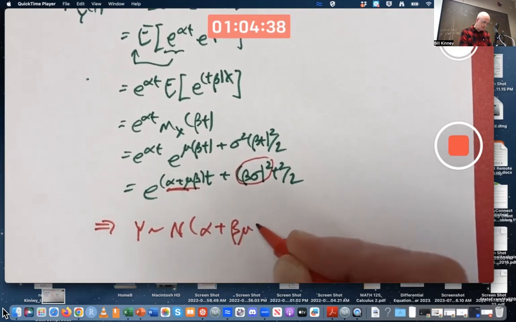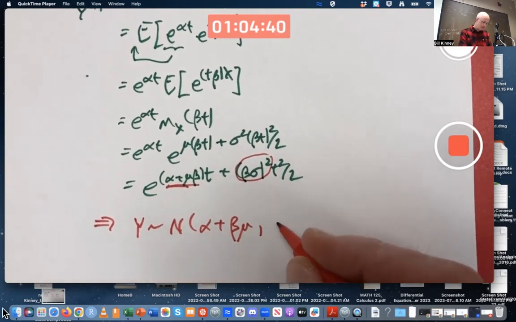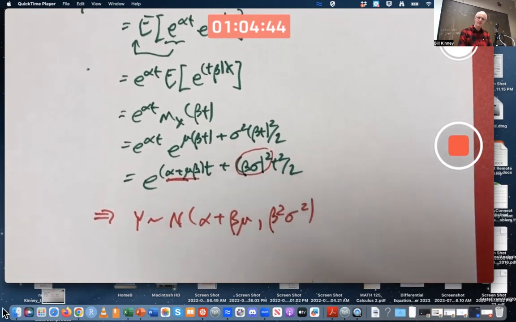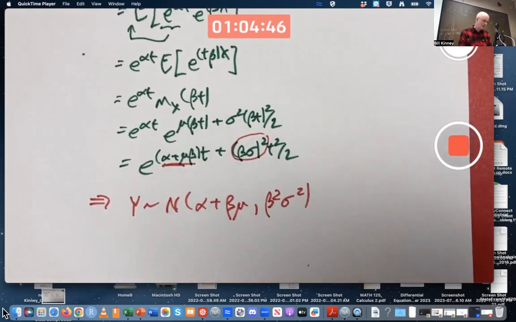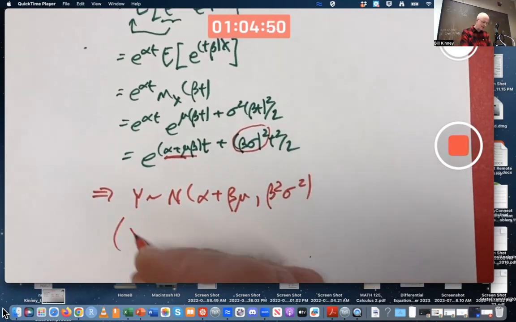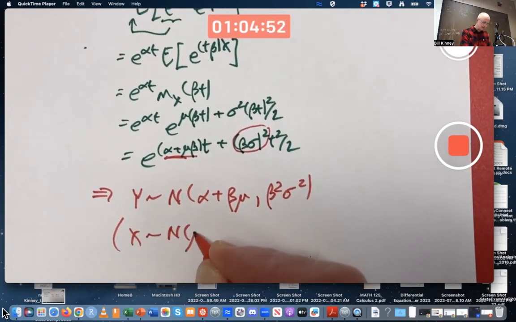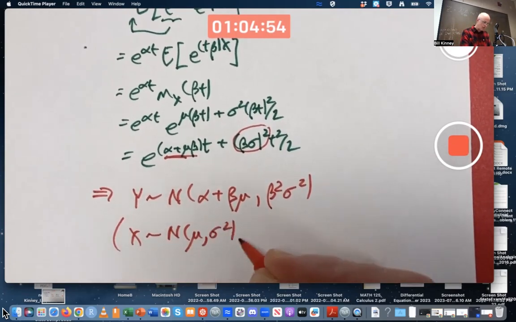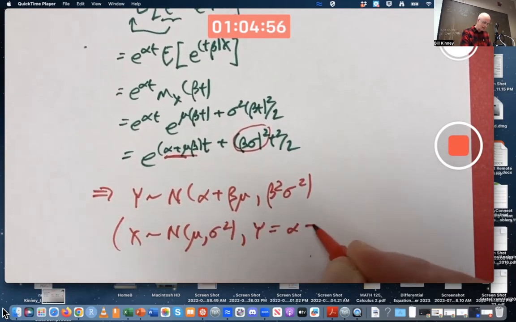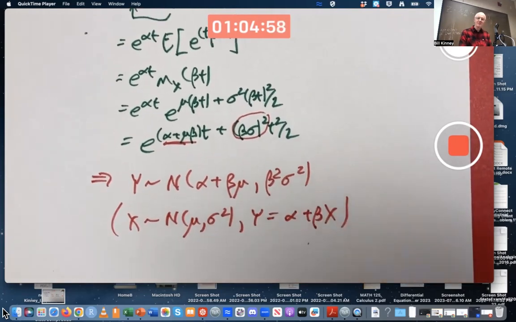I'm being inconsistent in where I put things. Recall x had this distribution and y was alpha plus beta times x.